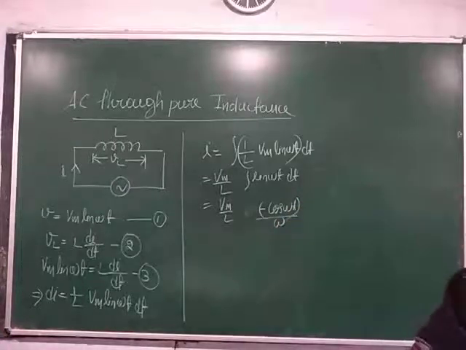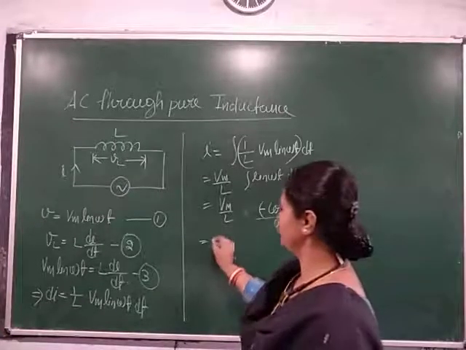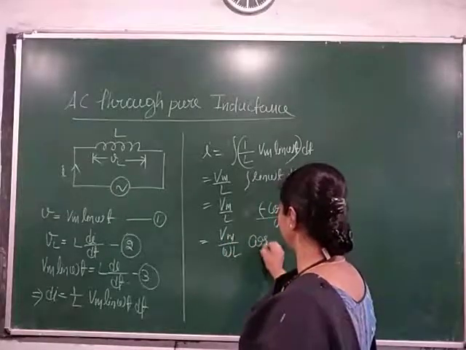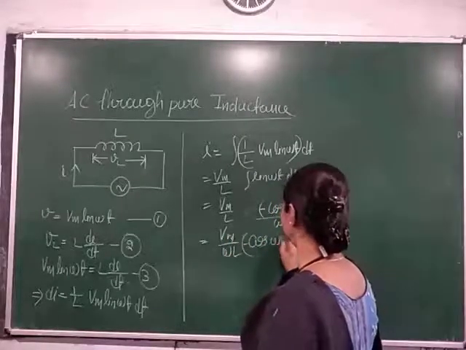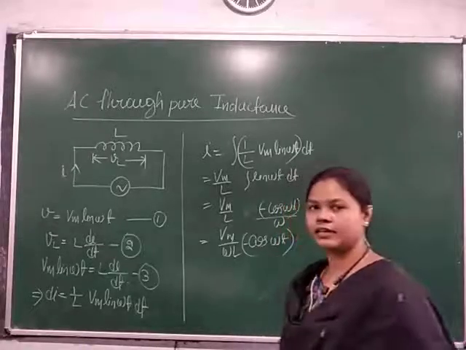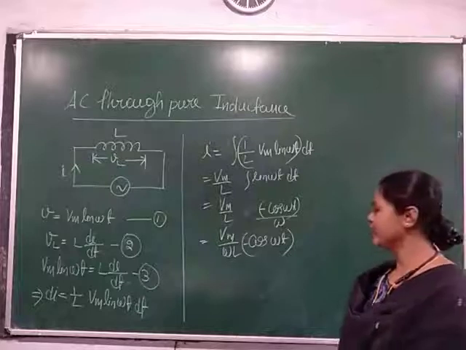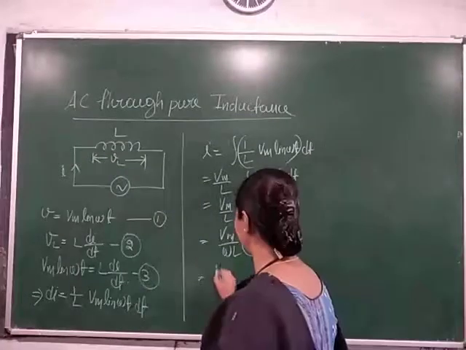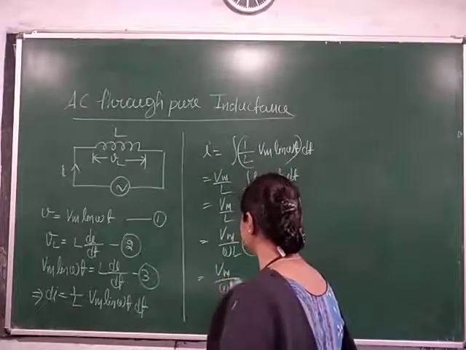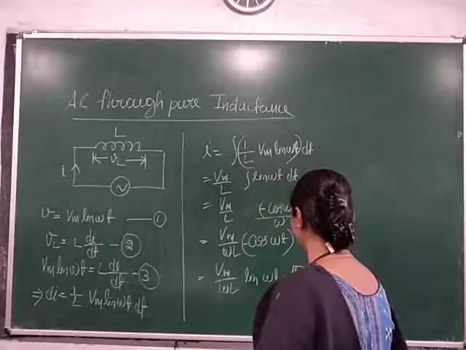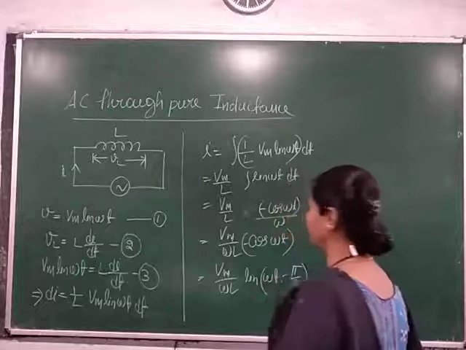by omega. So the equation becomes Vm by omega L times minus cos omega t. I may write minus cos omega t as sin of omega t minus 90 degrees, and in radians it is sin of omega t minus pi by 2.